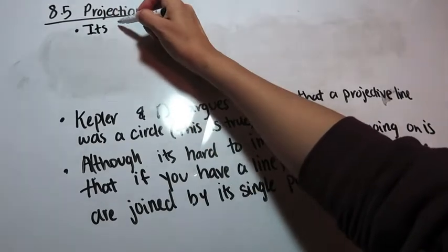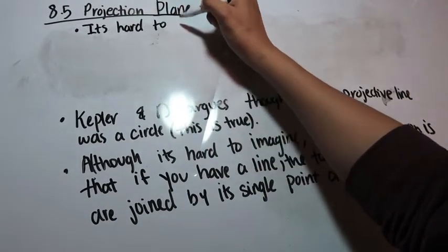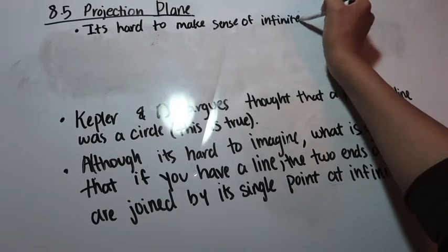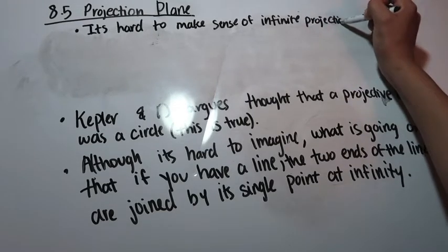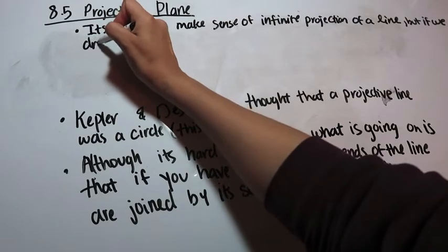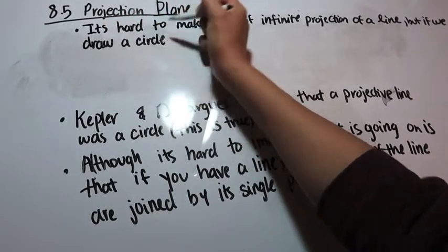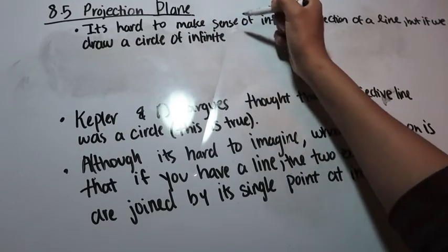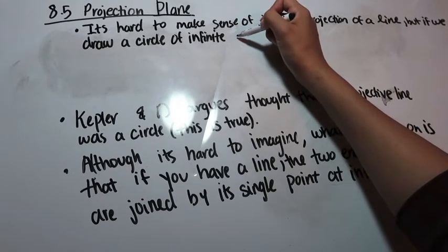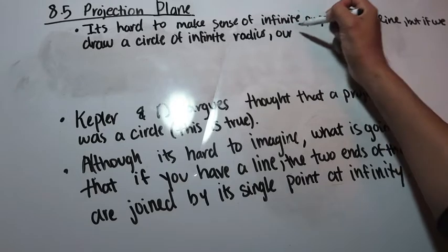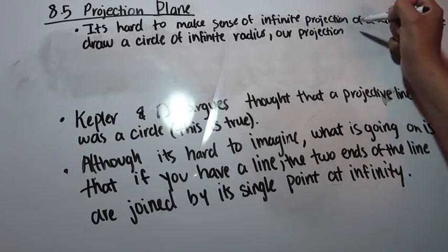As we can see, it's hard to make sense of the infinite projection of a line, but if we draw a circle of infinite radius, sorry, our projection is a line.